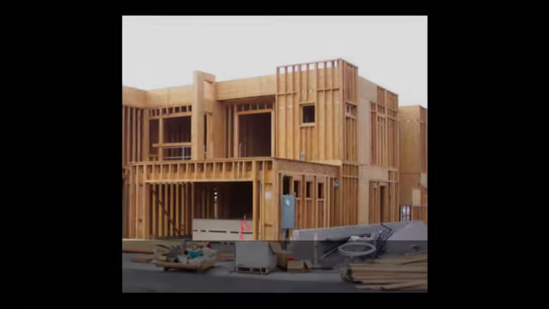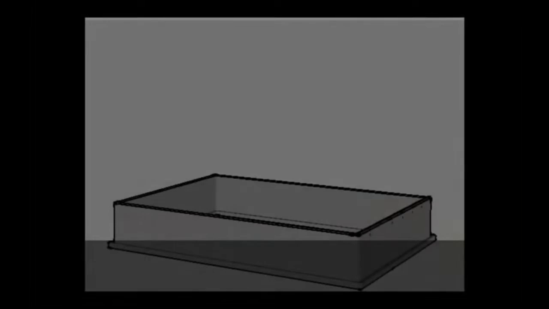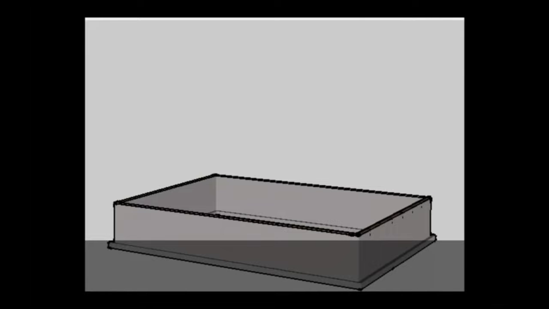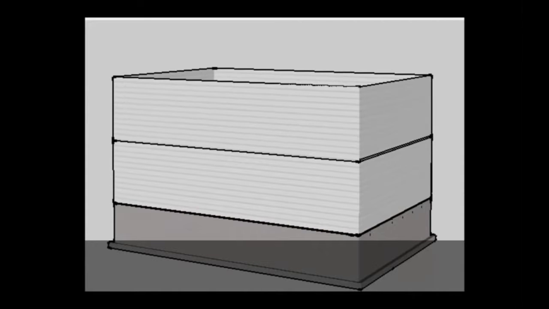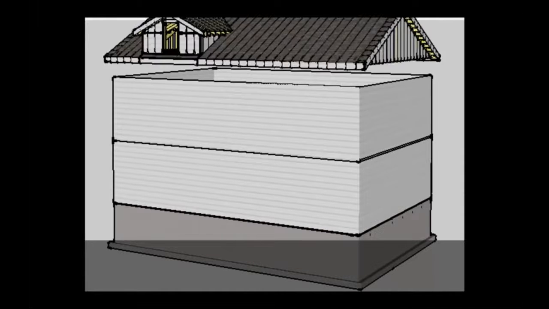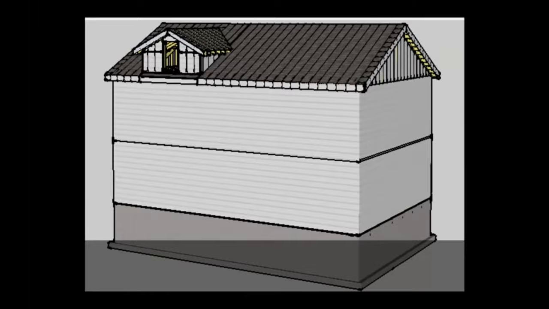So platform framing is the most popular method of light frame construction, primarily used in the residential construction industry, but not completely. So what we should really understand right from the beginning, platform framing operates off of a very simple building block concept. One block stacked on top of the other, supporting the blocks above it.